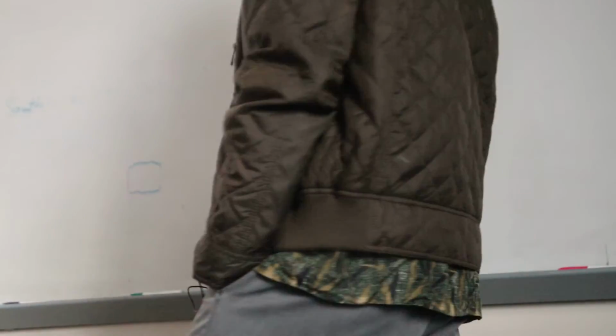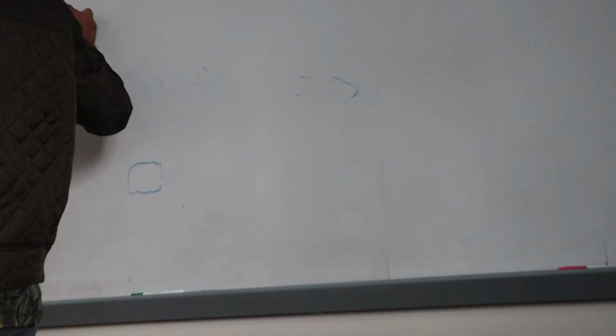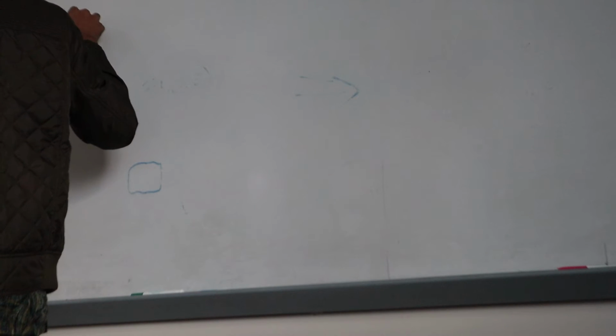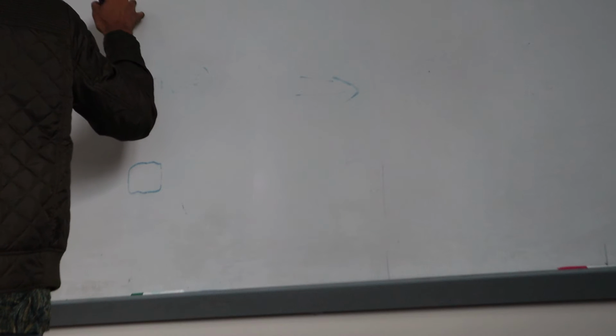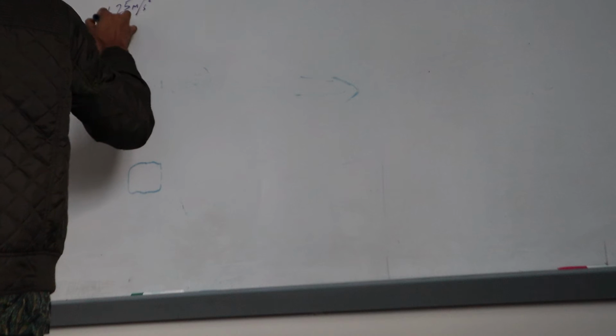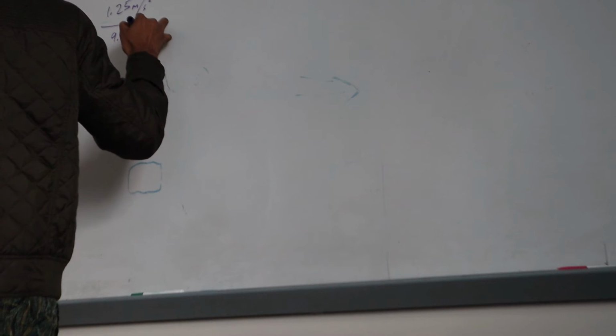And it says compare it with the acceleration due to gravity. Alright, centripetal acceleration compared to the gravitational acceleration. You just put those over each other: 1.25 meters per second squared over 9.8 meters per second squared.